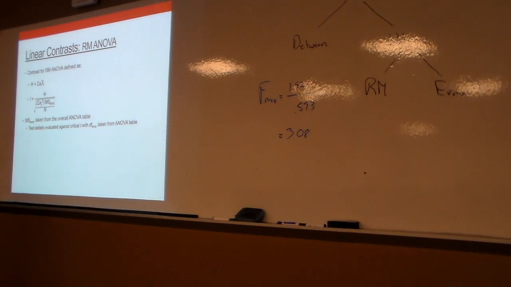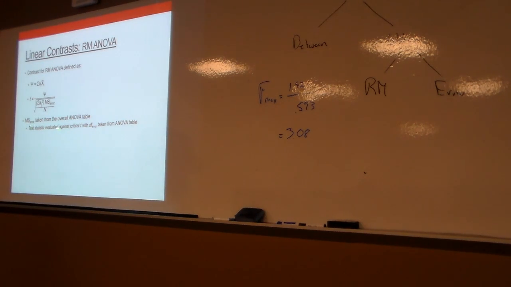So, linear contrast in our repeated measures ANOVA. The value of our contrast is going to be the sum of our weighted means. And our t-test is going to be the value of our contrast over the square root of the sum of our squared weights times our mean squared error over the number of people in our sample.